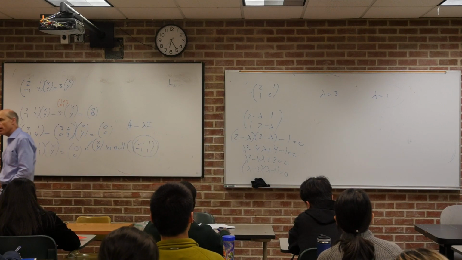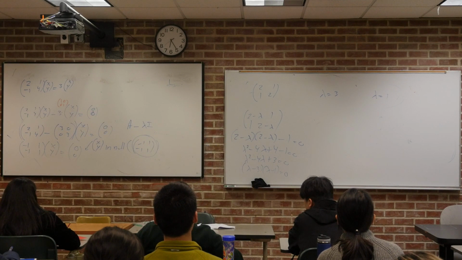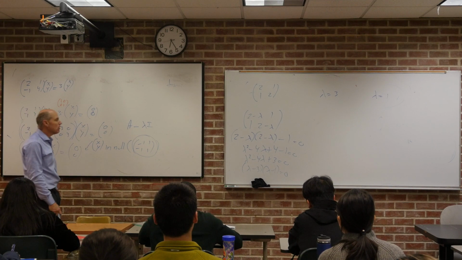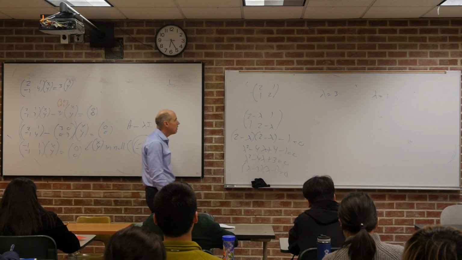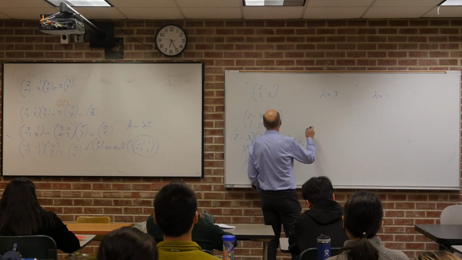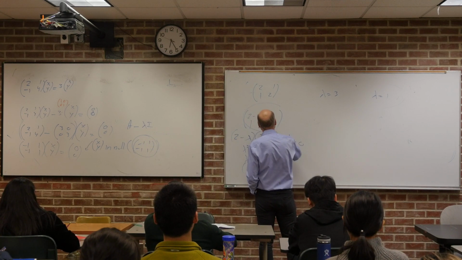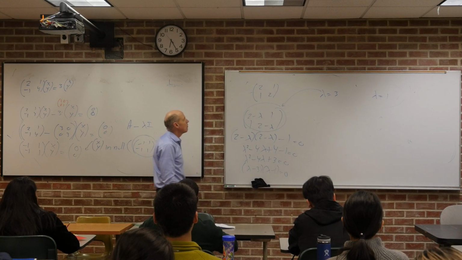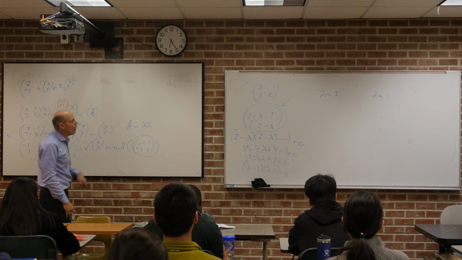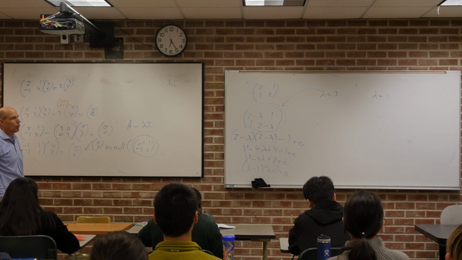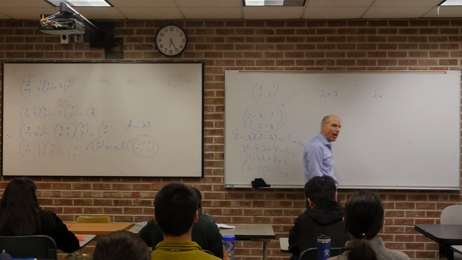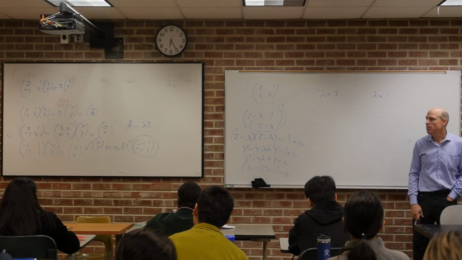Subtract lambda from the main diagonal, compute the determinant, the AD minus BC, work it all out, factor. And then what I'm going to do is, my new method is to plug the lambda equals 3 into this, and then find an interesting vector in the null space of that matrix.